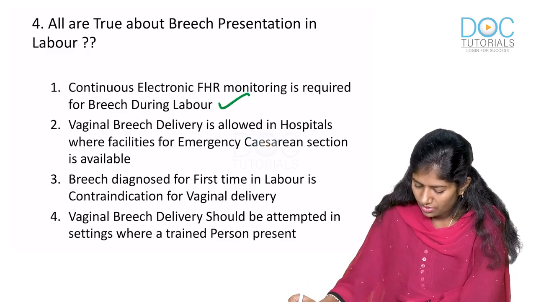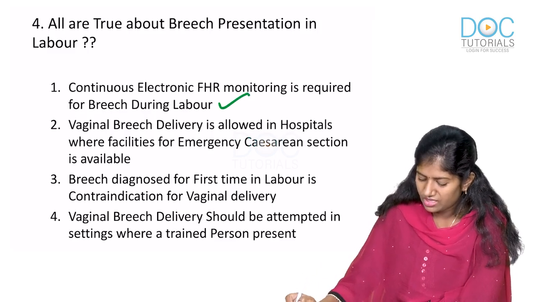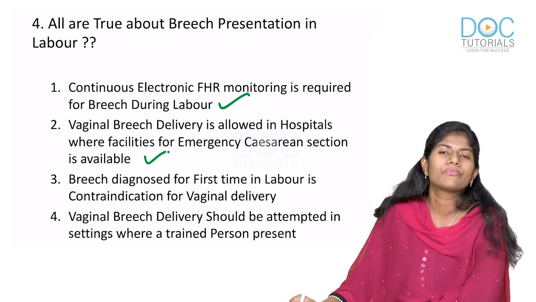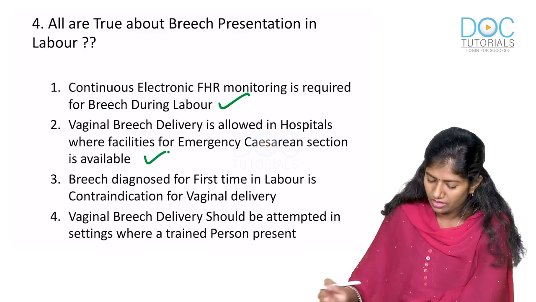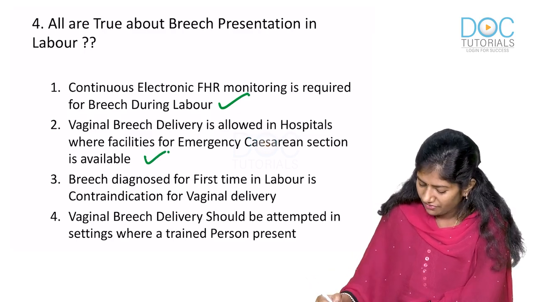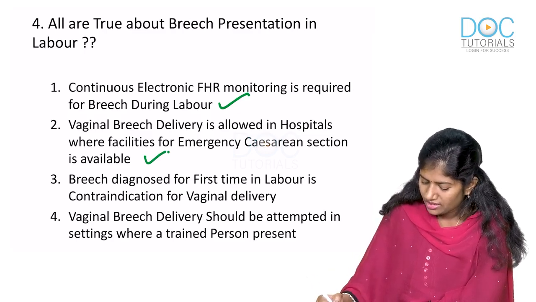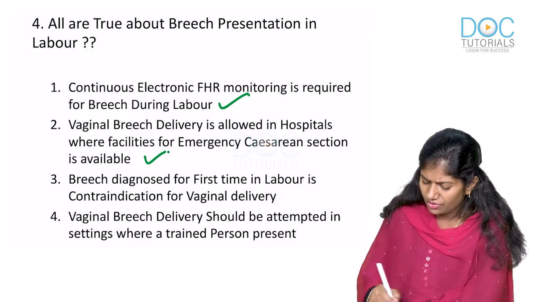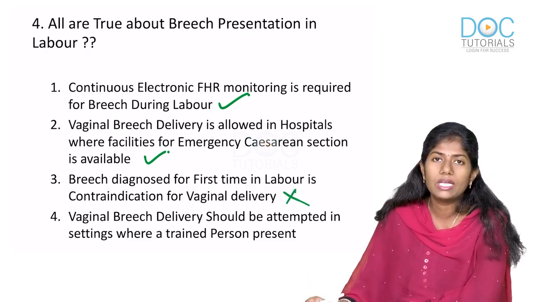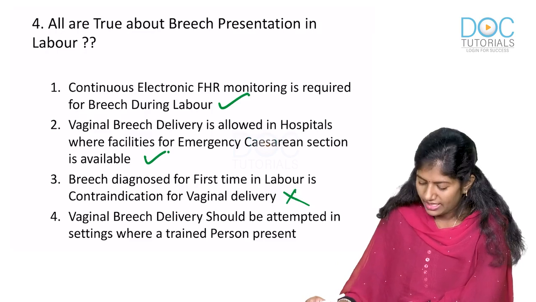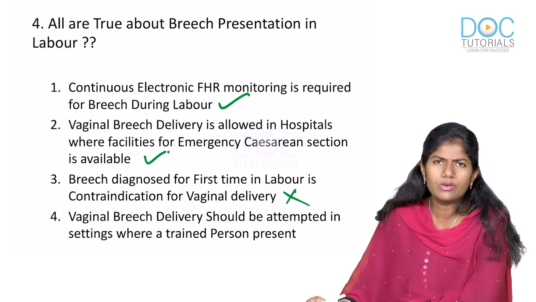Vaginal breech delivery is allowed in hospitals where facilities for emergency cesarean section are available. That's again correct. It has to be performed only in places where such facilities are available. Breech diagnosed for the first time in labor is a contraindication for vaginal delivery. No, this is a wrong statement. Breech diagnosed for the first time during labor is not a contraindication.